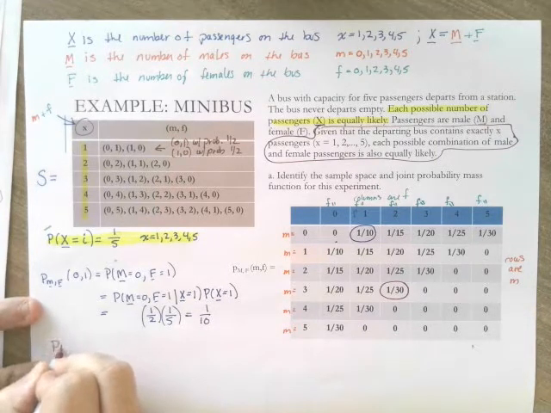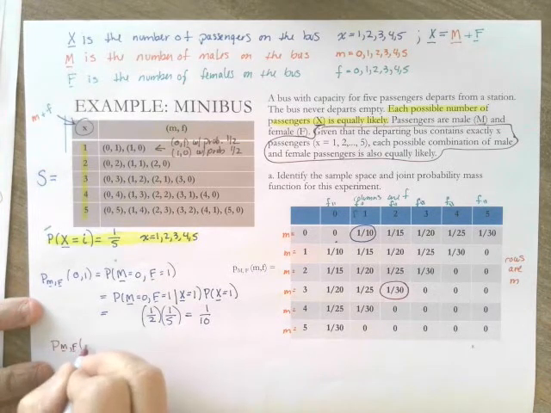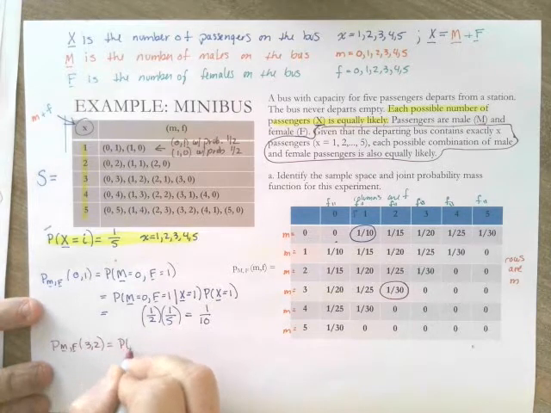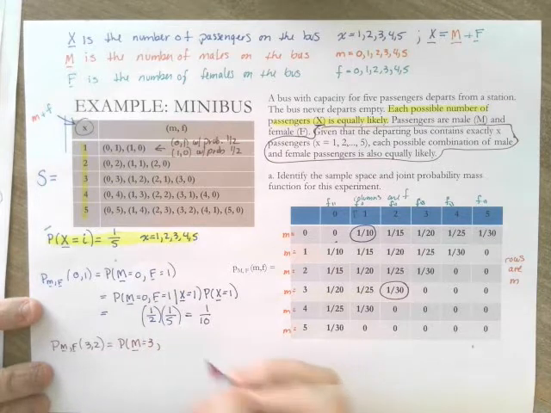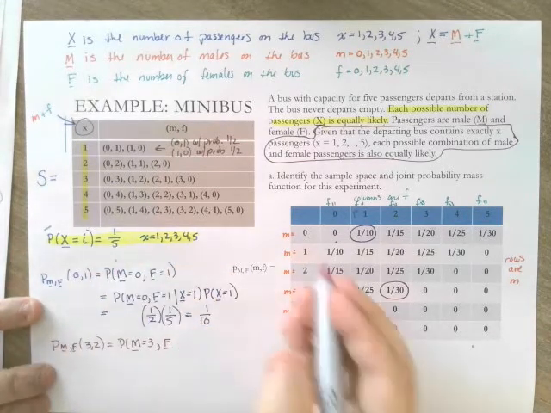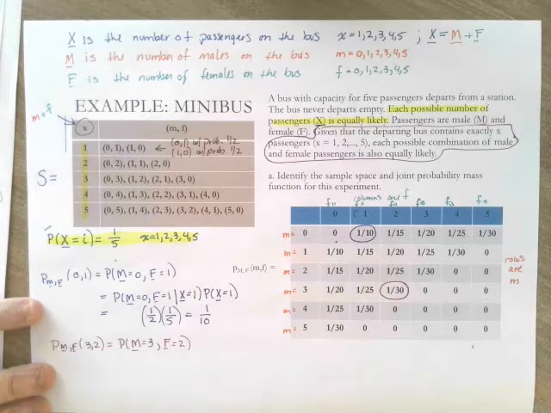So the probability mass function of 3, 2, that's going to be the probability that we have 3 males on the bus and 2 females on the bus. I probably should have done this in orange, but I forgot to. And I'm going to do the same thing here.